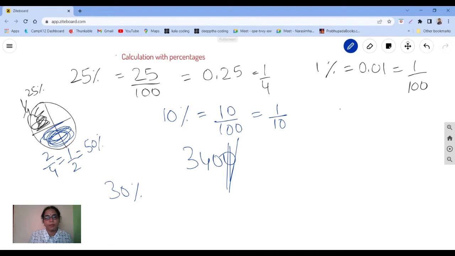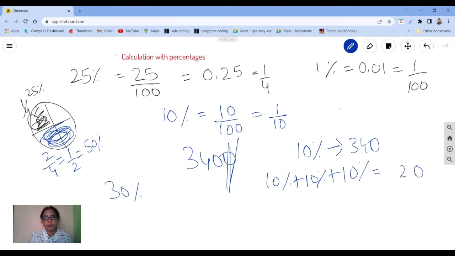So, 10% of this is nothing but 340. 30% means what? 10% plus 10% plus 10%. That's the way it is. So, 340 plus 340 plus 340. That is 340 times 3, right? That will give me 1020. So, 1020 is the discount reduction.